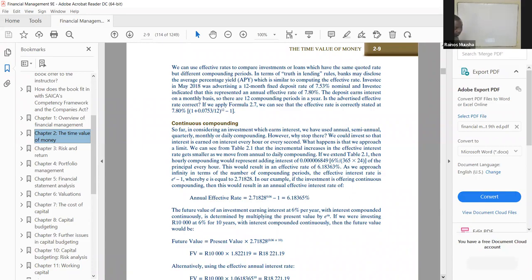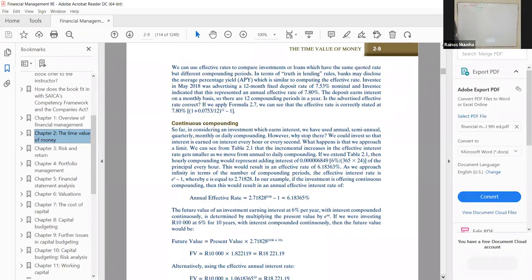So with continuous compounding, the future value is given as the present value times the exponent of CT, where C is the continuous compound rate, and T is the number of years.